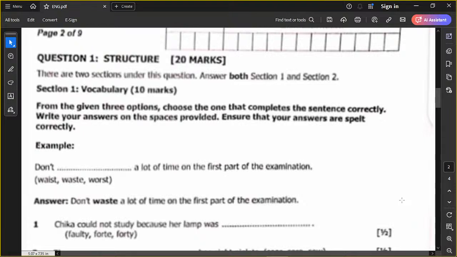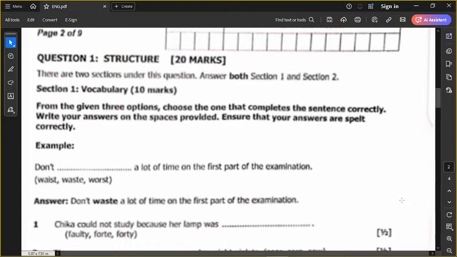The instruction is, there are two sections under this question. Answer both section 1 and section 2. Section 1, vocabulary, is 10 marks. From the given three options, choose the one that completes the sentences correctly. Write your answer on the spaces provided. Ensure that your answers are spelled correctly.